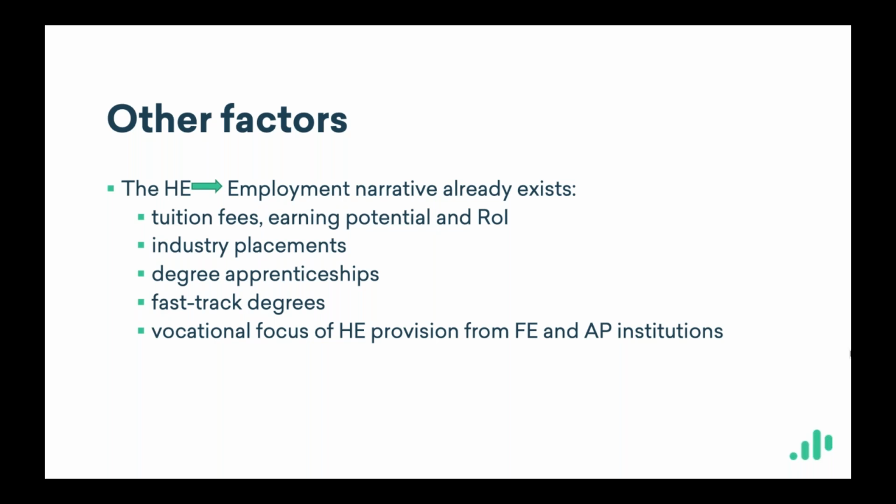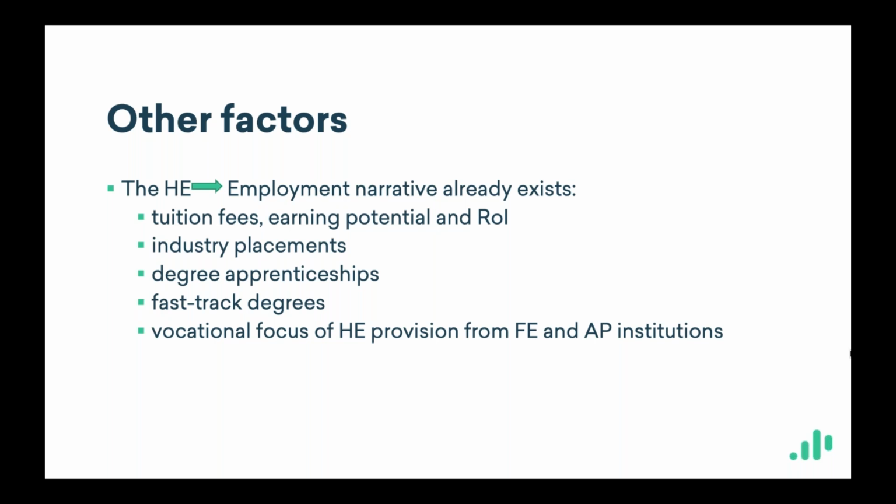And of course, the provision outside of universities, be it from FE providers who run HE programmes and alternative providers, very often their programmes are vocationally focused. And again, it shifts the conversation there to careers. So it may not directly feed into the markets that you are talking to.